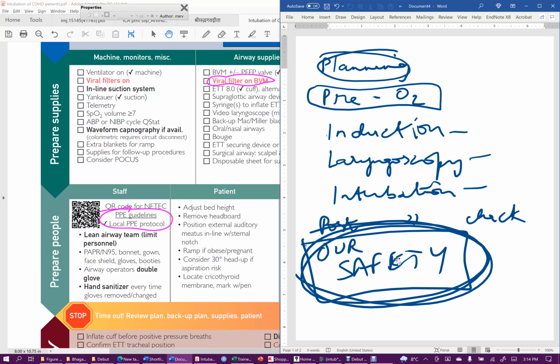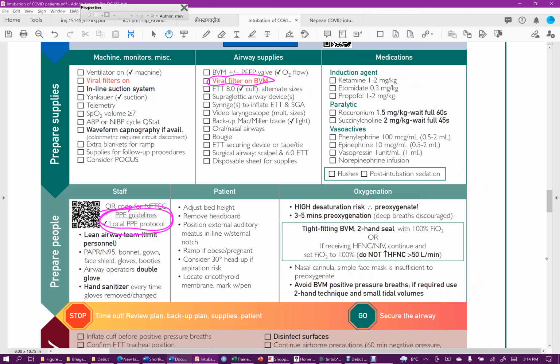Even if the patient is in respiratory distress, I would not enter the room without following all the PPE guidelines according to your local protocol. That's very, very important. Do not go in without full PPE.